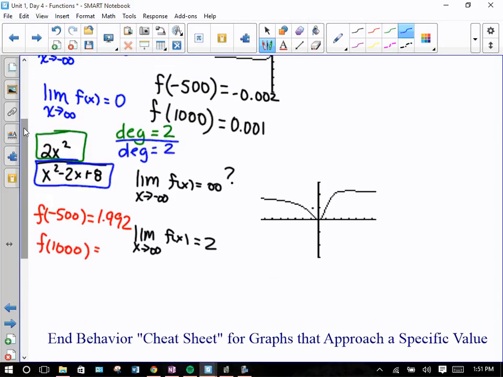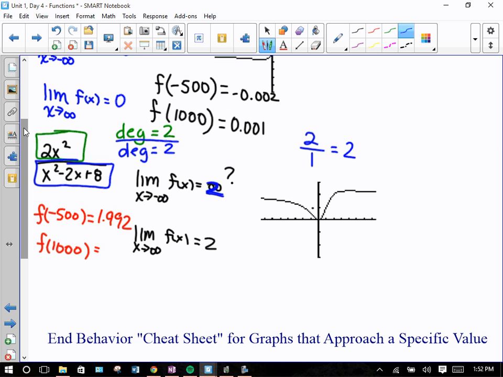What is the leading coefficient of the numerator? 2. So I have 2 divided by, what is the leading coefficient of the denominator? 1. 2 divided by 1 is equal to 2. What did we say the end behavior was? 2. Right? That makes sense.